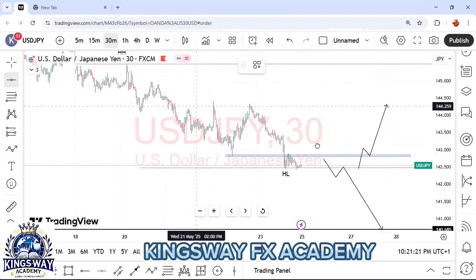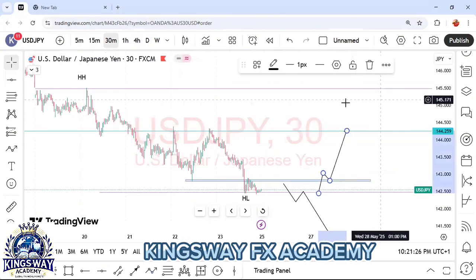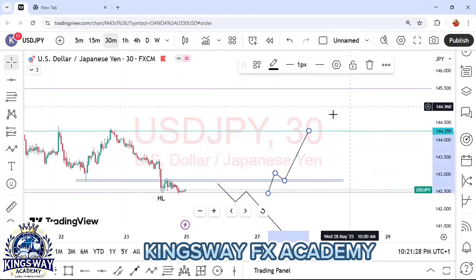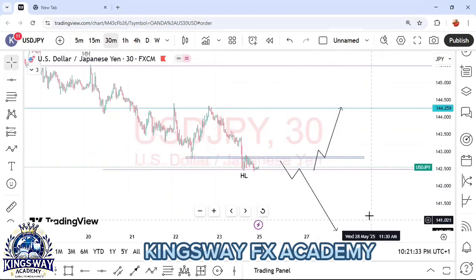This will be my first target, then probably a break above it and a retest of it, and then a continuation to the upside. So these are what I'll be expecting from the US30, gold, and probably the USDJPY.